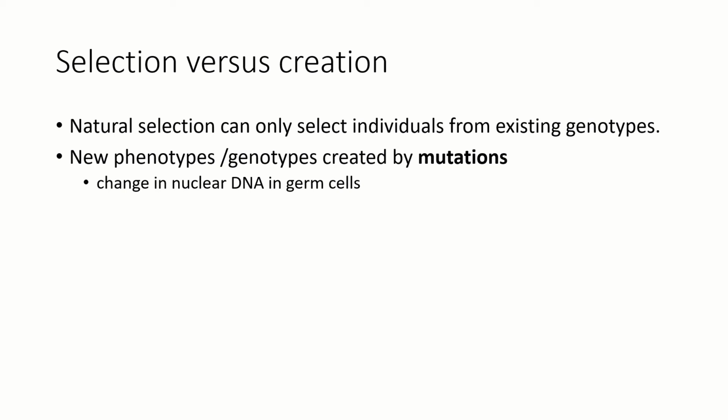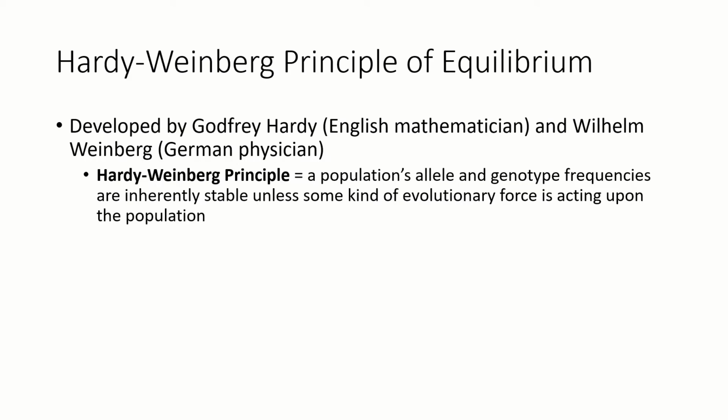And this was actually proved by a very elegant microbial experiment many decades ago, and I'll post a link to that to make that make sense. Okay, so selection selects, mutations create new alleles.